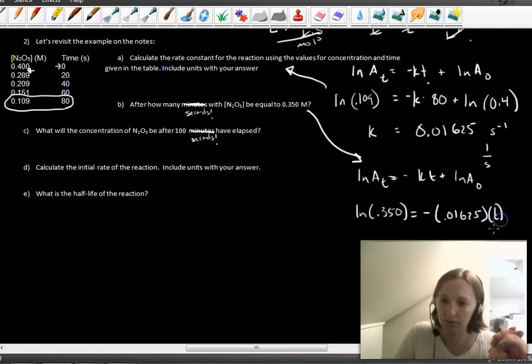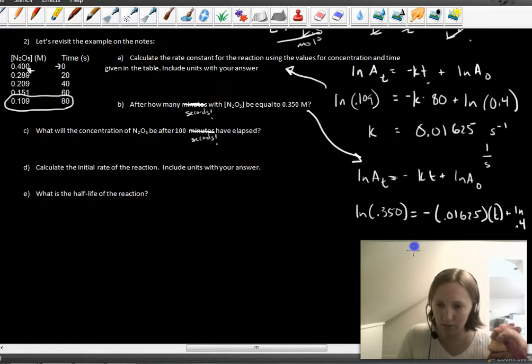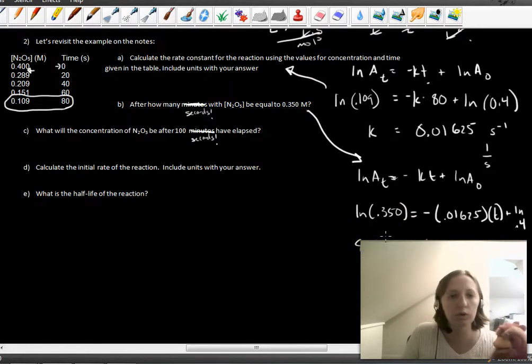T, we don't know. And plus ln of 0.4. So we subtract ln of 0.4 from ln of 0.35, we divide by negative 0.01625, and we find that time is equal to 8.2 seconds, which is perfect because that is in fact in between 0 and 20 seconds. So we are smart cookies.